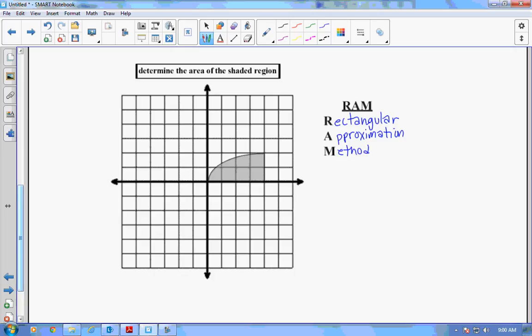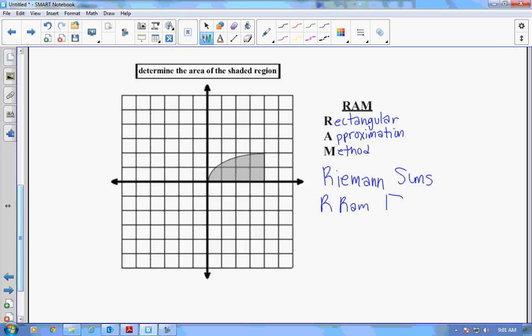Okay, so there are a few different ways to do this. We call them Riemann sums. You can either have your rectangles all have a left endpoint, a middle point, or a right endpoint on the curve. So we have an RRAM, that stands for right.